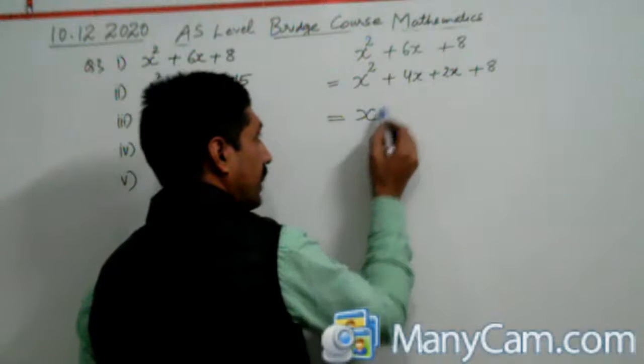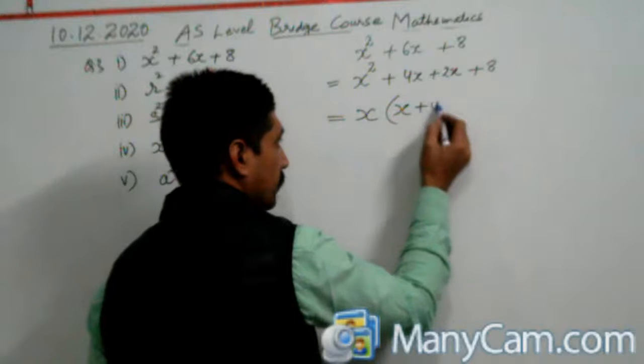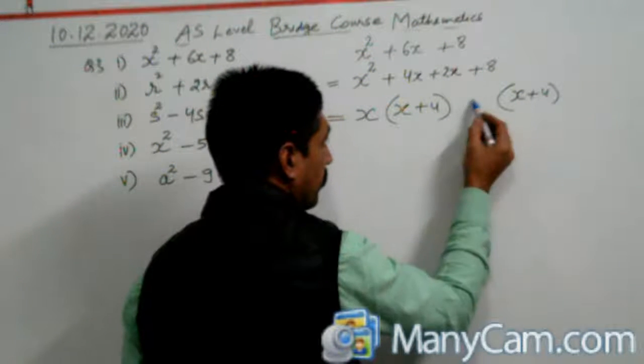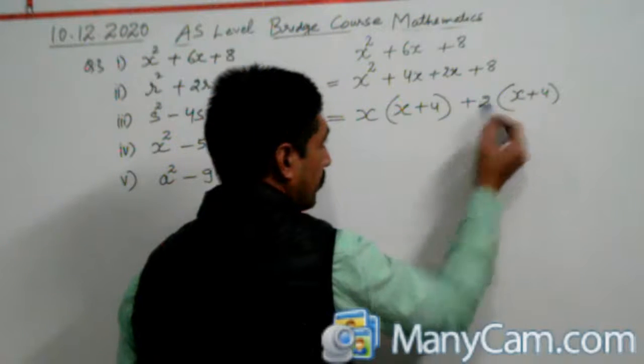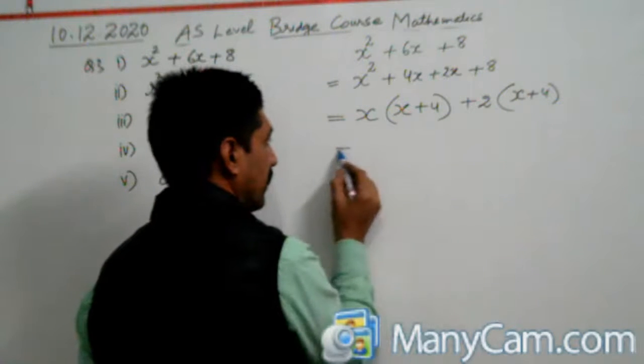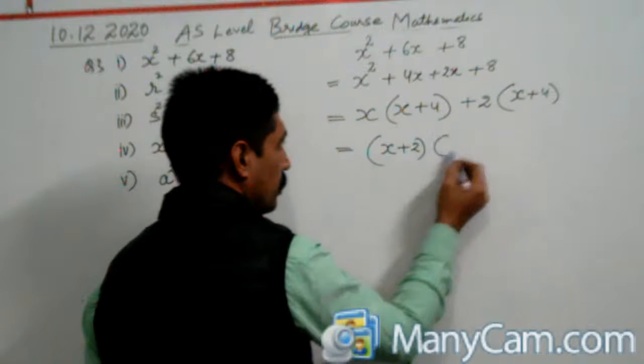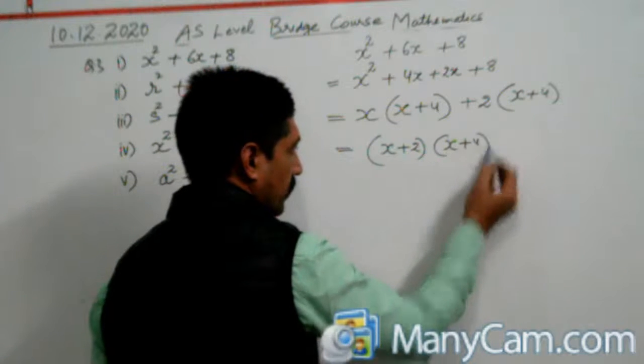Take common x into x plus 4, and here we take 2 common. So the factorization is (x + 2) into (x + 4), right?